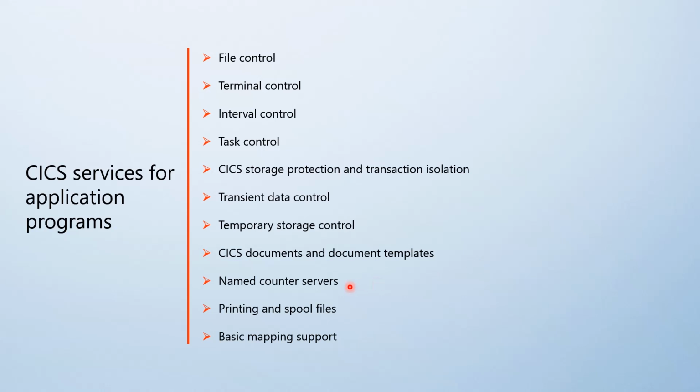Apart from that, it provides other services like named counter server and printing and spool files. And BMS is used for interaction with terminal users, especially. These are the services which CICS provides for application programs.